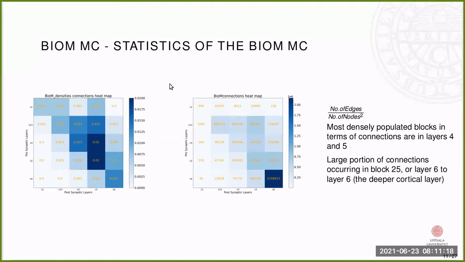If we look at the absolute number of connections in each block, we see that the majority of connections occur in this final block here, the presynaptic layer 6 neurons to the postsynaptic layer 6 neurons, where we have over a quarter of all connections held in this block. So it's just a high level of complexity occurring here.